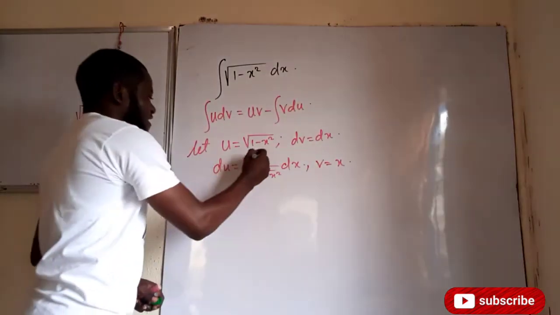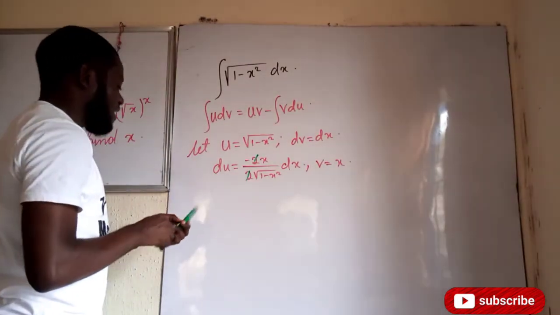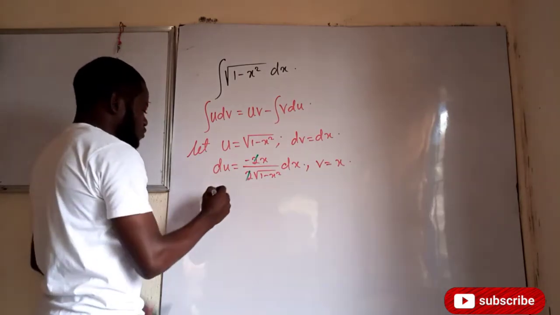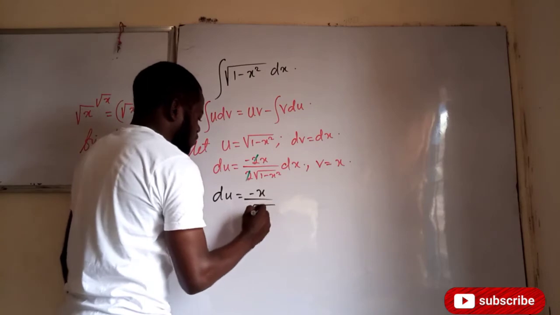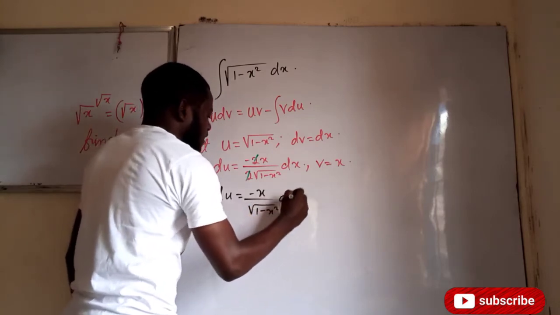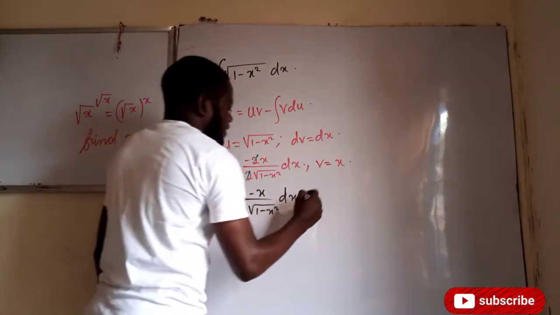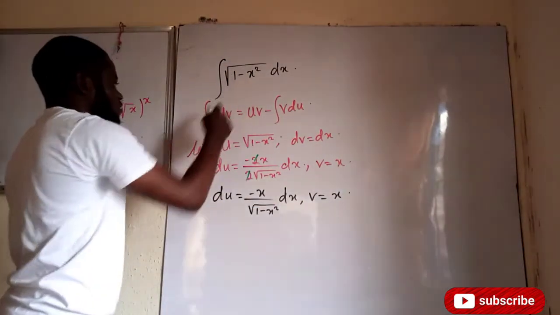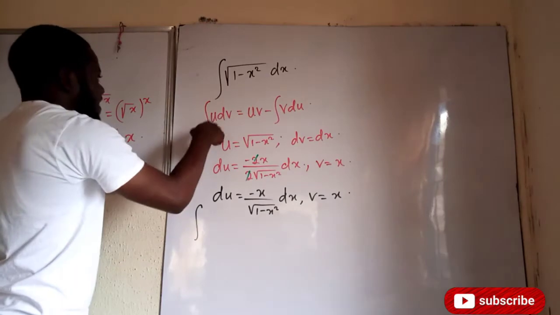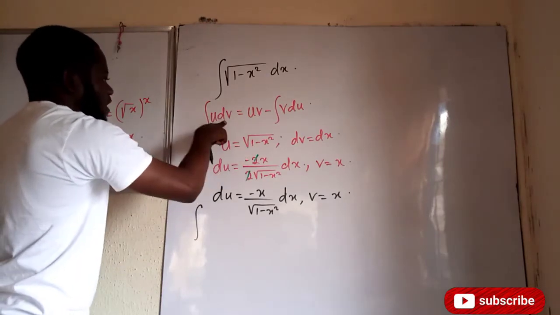Okay, if that should be the case, this and this should take care of each other. Then I have that my du equal what? Negative x divided by the square root of 1 minus x squared dx, like this. And v equal what? X. So we can substitute this into the formula now. So we have that the integral of our u, which is this, and our dv is this.